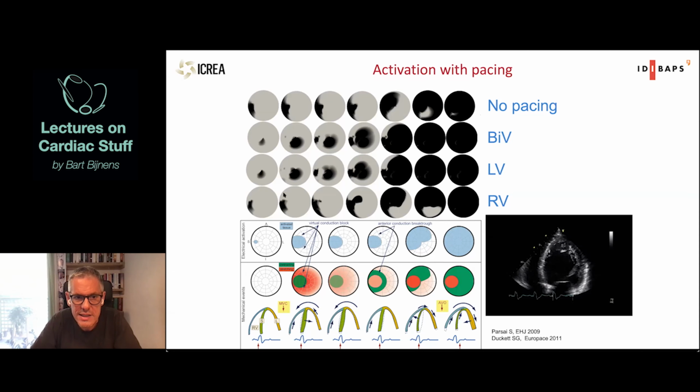But the reason for this, when we go through the tissue and take an echocardiography, for example, and indicate the area of septal flash, where you have contraction and where you have stretching, is that this conduction block happens at the boundary of the contracting and the stretched tissue. So you really see that this hypothesis, where you have stretching of tissue because of early activation, indeed changes the conduction speed, and that makes the activation abnormal.